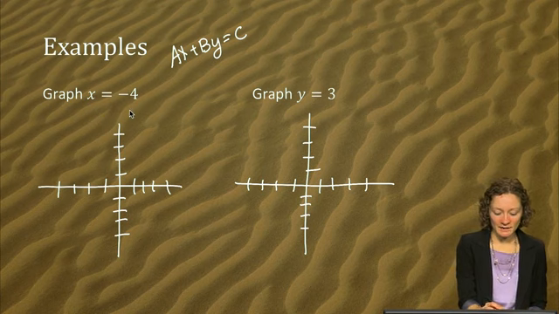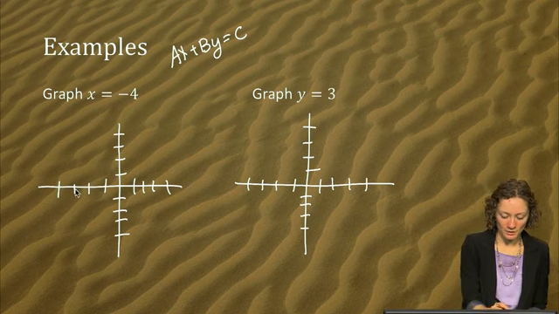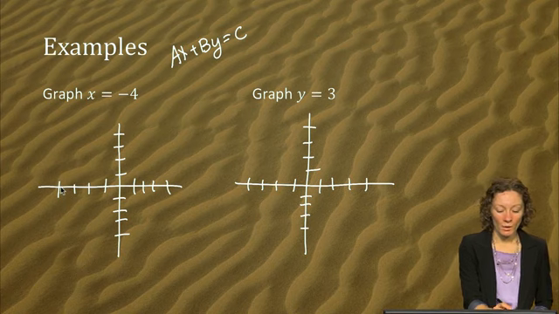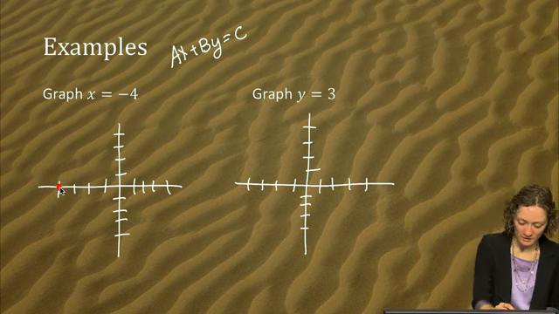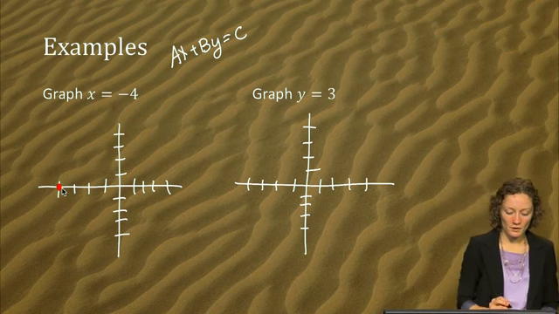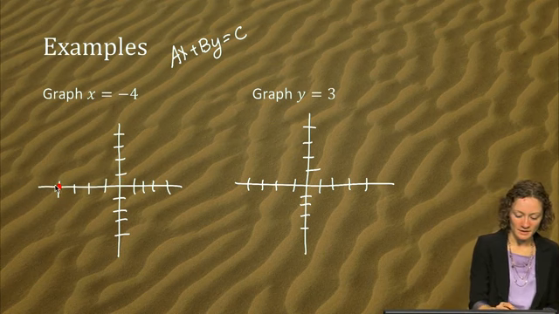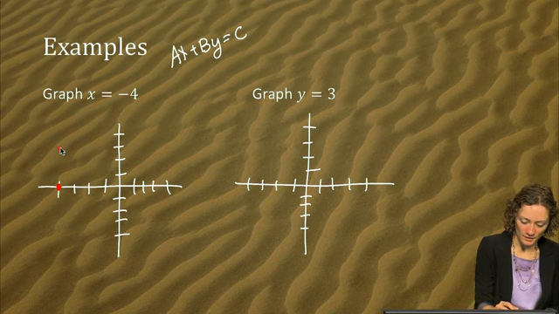If x is equal to negative 4, imagine x is negative 4, 1, 2, 3, 4. Y, we don't have any information about y. Y can be anything. So here's a point. X is negative 4, y is 0. X is negative 4, y is 3.